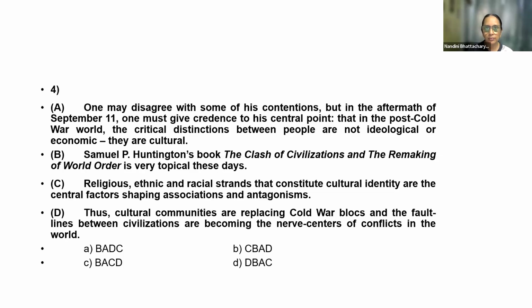So the best is to go with the mandatory pairs and eliminate, or if you have found the introduction, see what comes after the introduction and eliminate other options. So even if you don't read all the options, you can still get the answer. If there's a confusion, of course you have to read all the options, right?